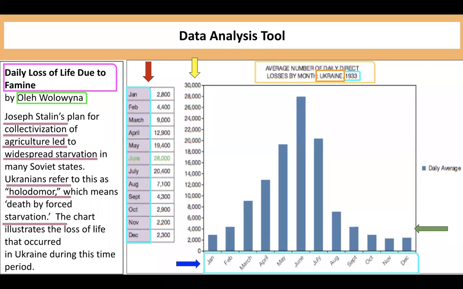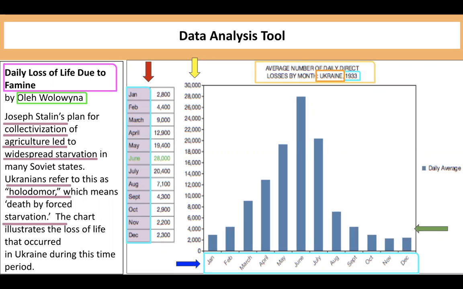But there are definitely some limitations. I have tons of questions still. I only looked at just one piece of data, and I feel that there are so many things it doesn't tell us. For instance, why did the number of losses by month decrease after July 1933? How were other Soviet states affected by Stalin's collectivization of agriculture? This chart definitely tells us a lot.